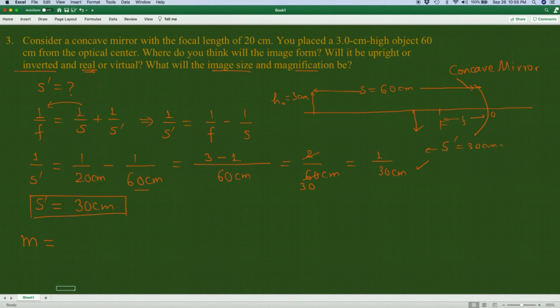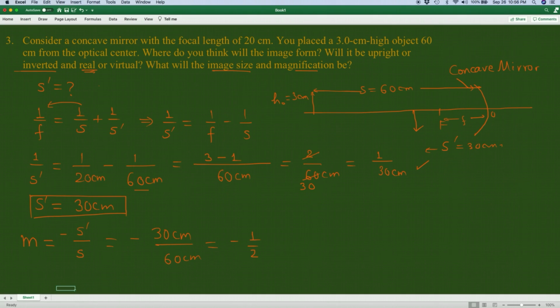Magnification is given by the negative of the image distance, s prime, over the object distance. So negative of s prime, which we just found is 30 centimeters, over the object distance of 60 centimeters. So that means it's minus 1 over 2.